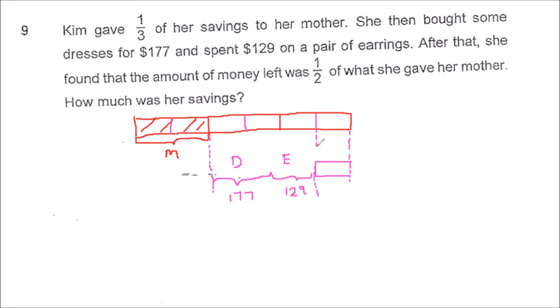Can you see that these two add up to 1, 2, and 3 units? So we can say 3 units equals 177 plus 129.